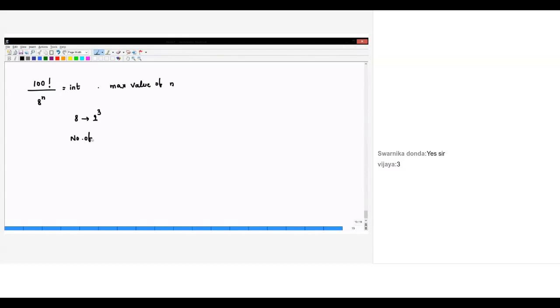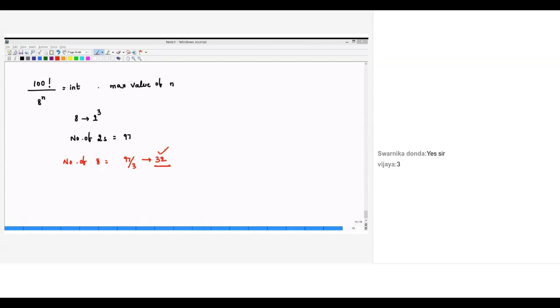Number of 2's is 97. Therefore with 97 2's, how many 8's you can form? Number of 8's is 97 divided by 3. Take only integer value. 96 means 32. So how many 8's can I form? 32 8's I can form.